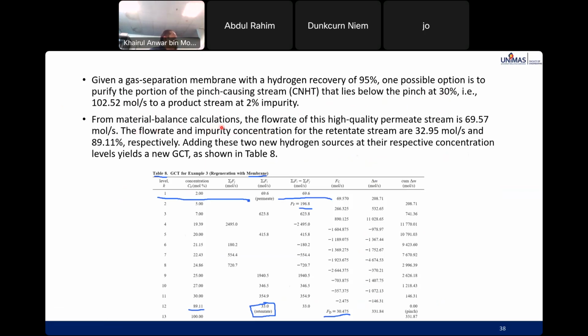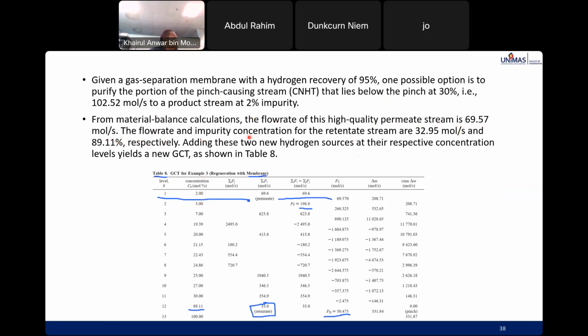From the calculation, the flow rate of this high quality permeate stream is 69.57 mole per second. So 69.57 mole per second is 2% impurities, better than the fresh hydrogen feed. Fresh hydrogen feed is only 5%. This is better.